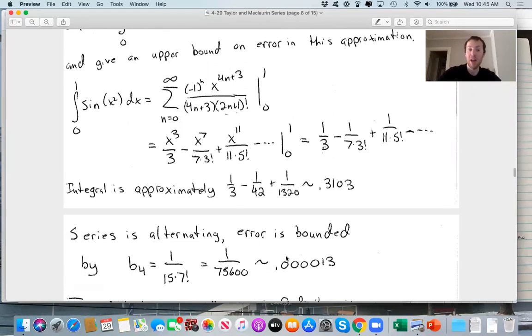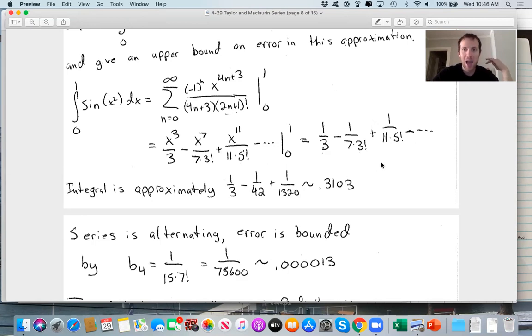What's even better is that the series we write down is alternating. And for alternating series, we can come up with bounds for how big the error is. If we approximate it by 3 terms, the error is bounded by the 4th term, the 4th non-alternating part.